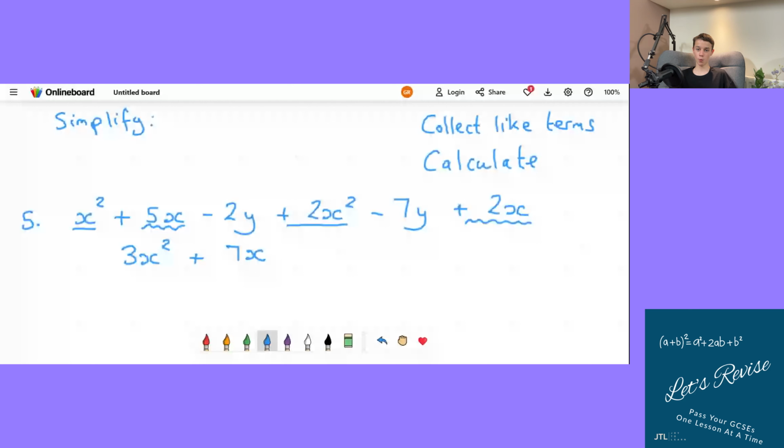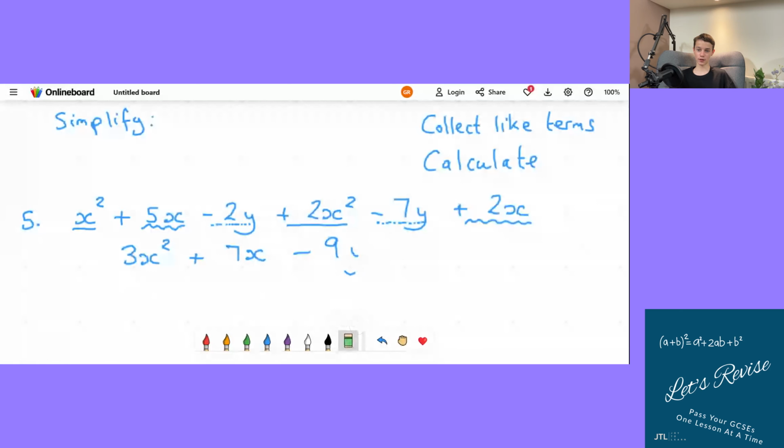Now we have the y's. Minus 2y minus 7y. Now it will be minus 9y. So now, out of our 6 things long thing, we have halved it in size to 3. 3x squared plus 7x minus 9y. That is your answer. No more maths to do on it.